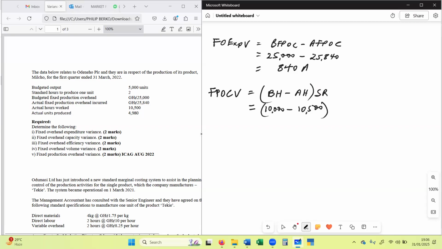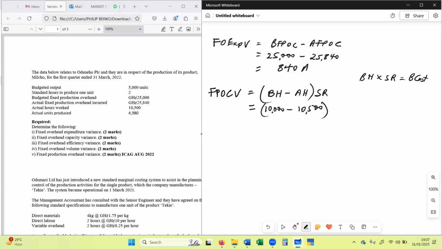We always say budgeted hours multiplied by standard rate will give you the budgeted cost.